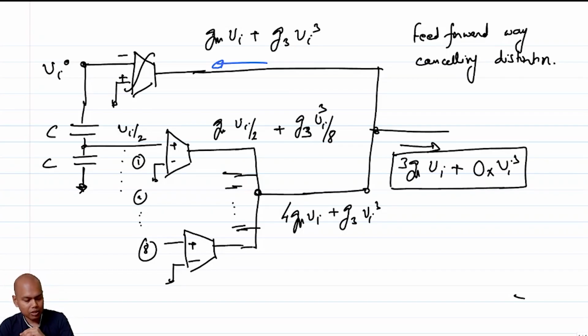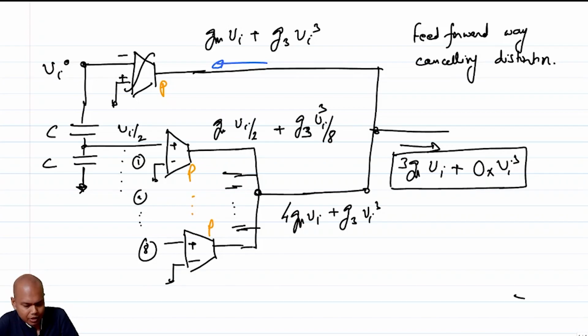But then what's the problem? If you were burning P amount of power in one GM, now you are burning P amount of power in 1 plus 8 GMs. So essentially you are burning 9x the power, right? But is that a bad thing?